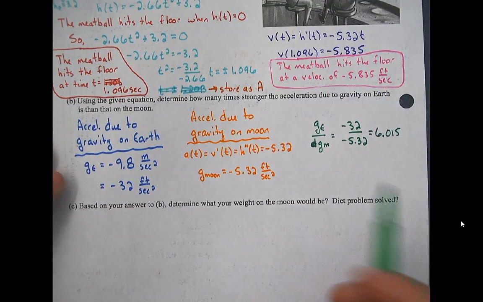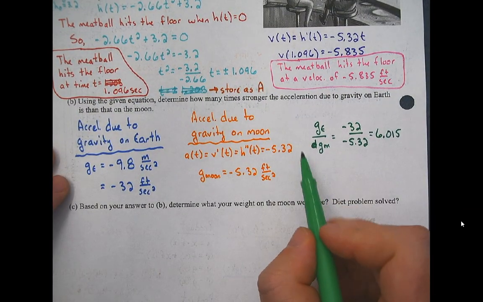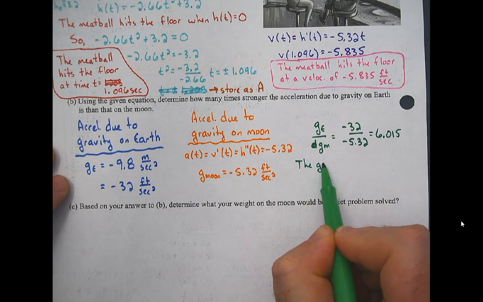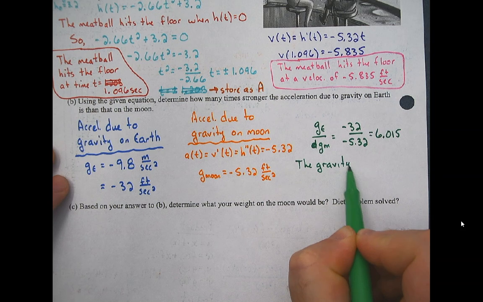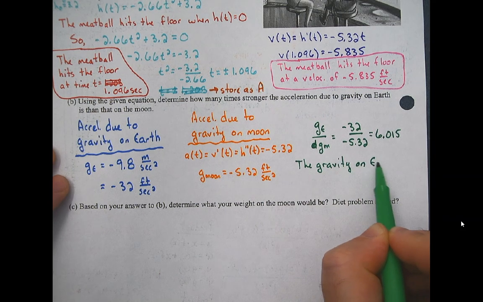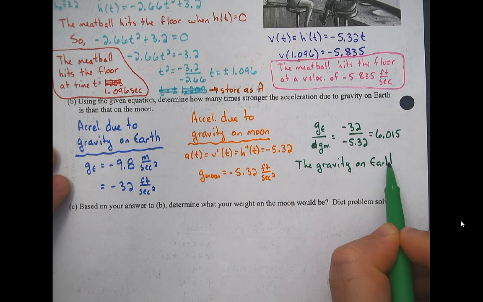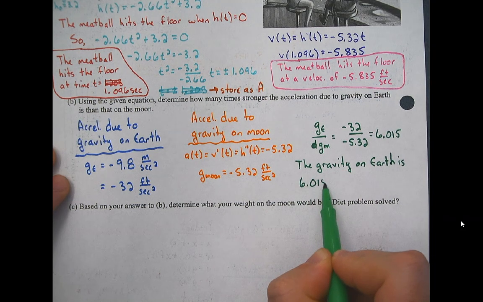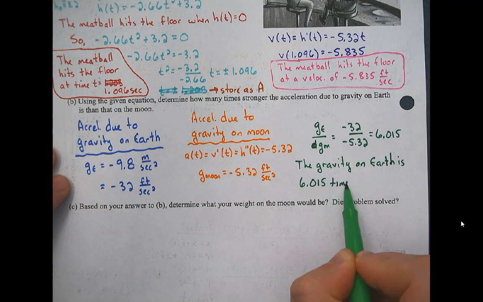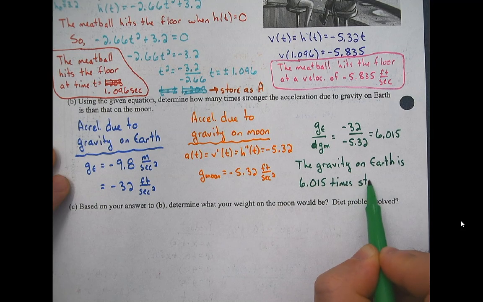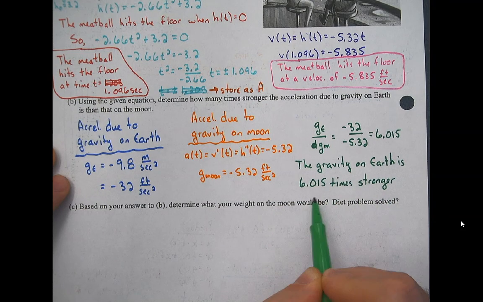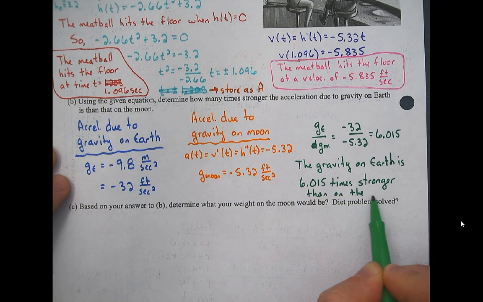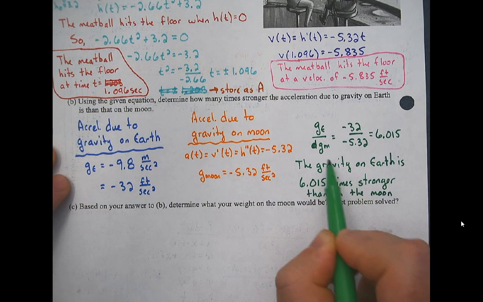So we could say now that the gravity on Earth is 6.015 times stronger than on the moon.